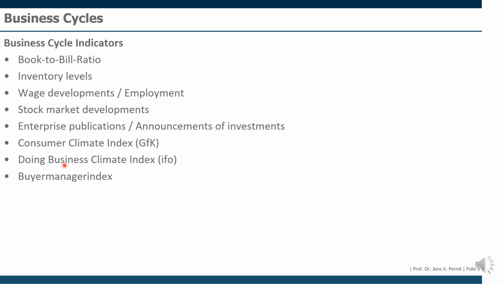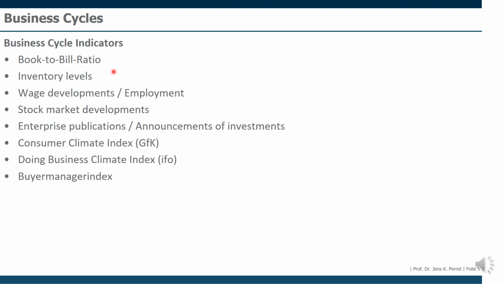And that's where the last two actually go into. We have the doing business climate. That's more like the companies saying how they view the actual situation. Similarly, the purchasing manager index works similarly to the consumer climate index, but not from a consumer perspective, but more from a company perspective. So this is just a short overview over possible business cycle indicators.